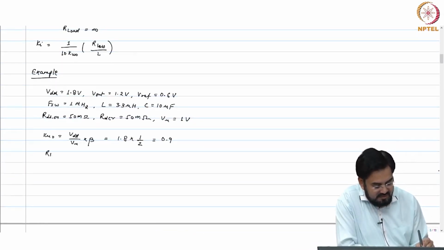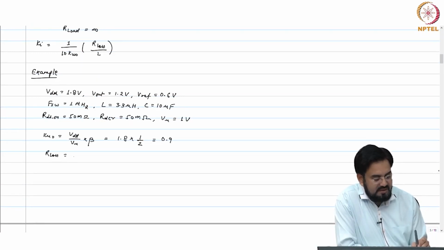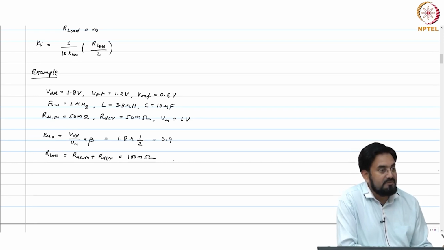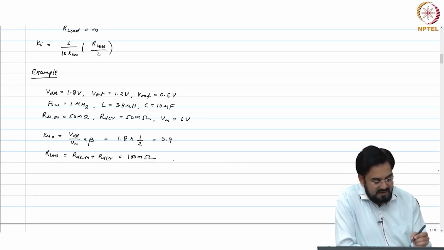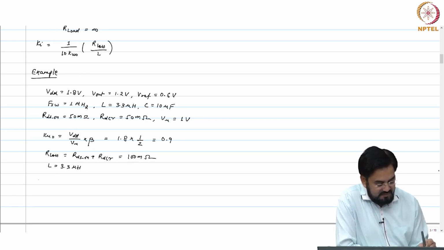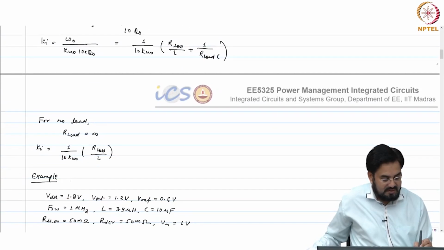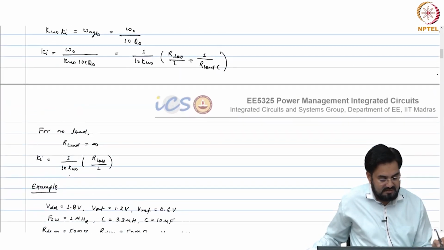What is R loss? RDS on plus RDCR, 100 milliohm. L is already given, 3.3 microhenry. Find your Ki. How much is Ki? 1 over 10 times, yeah, correct.